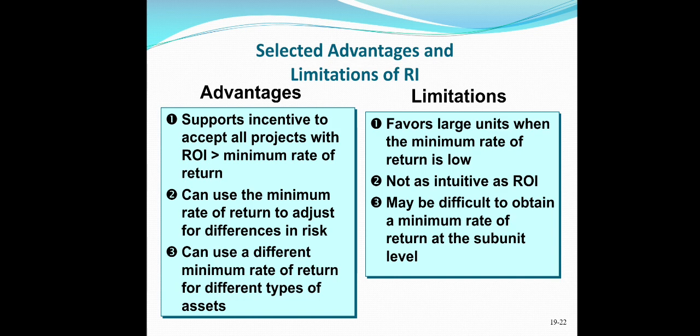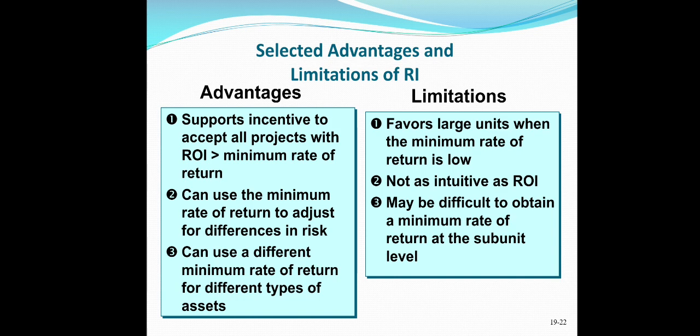Number 3, can use a different minimum rate of return for different types of asset or investment. So if there is a business, then for this kind of asset, the business can set this minimum rate of return. For properties, this is the minimum rate of return.